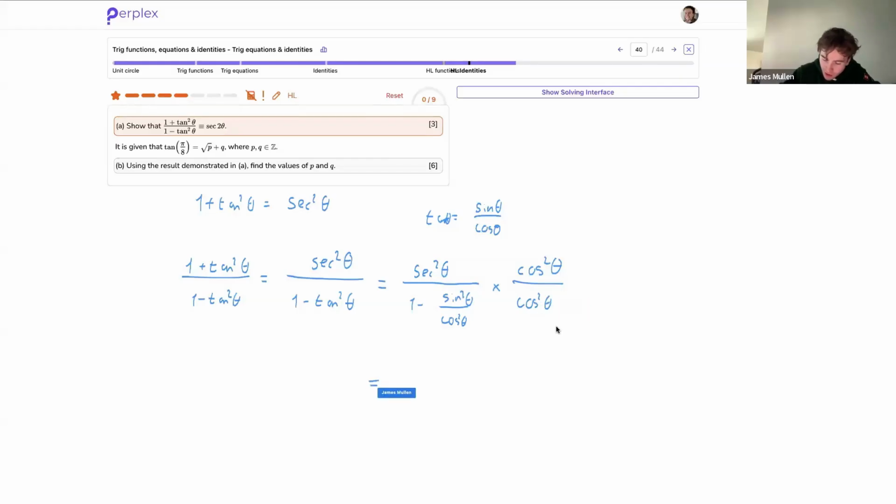And that's going to give me, well, cos and sec multiply to give me just 1. So it's going to be 1 over, and then in the denominator, I'm going to have cos squared theta minus sin squared theta. And I recognize that cos squared theta minus sin squared theta is cos of 2 theta. So this is secant of 2 theta. All right, that is part A completed.